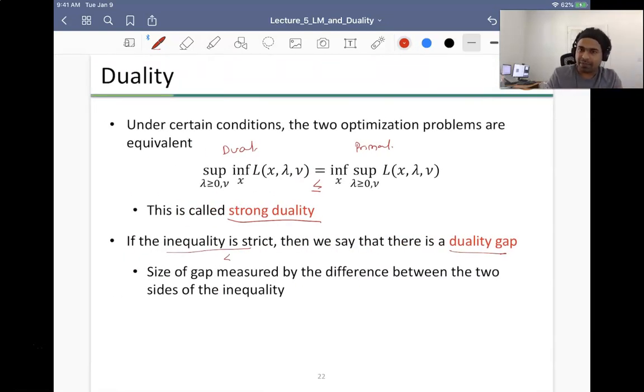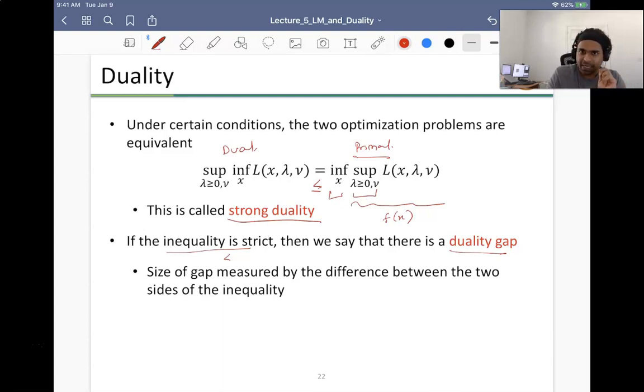We saw that the primal problem is an infimum followed by a supremum. In fact, the supremum is exactly f of x. So if I optimize over my lambda, I get f of x, and the minimum of f of x is my primal problem.